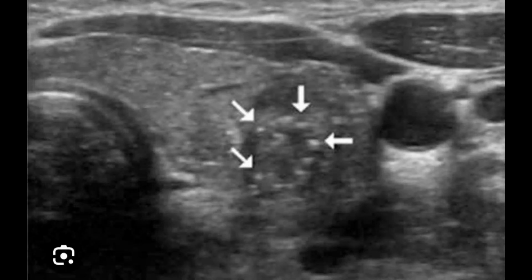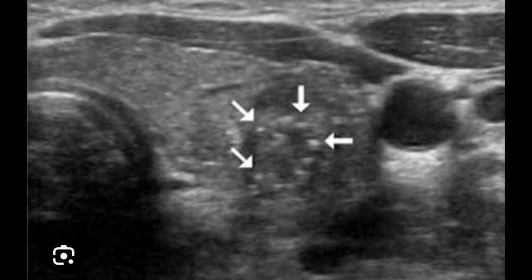Another very beautiful example explaining the disrupted peripheral calcification. The nodule is hypoechoic and the calcification is placed in the peripheral part. These calcifications are disrupted and are surrounding the peripheral part of the nodule. Again, I would mention here that if the calcification is central, associated with cystic degenerative changes, this would make it a U3 or indeterminate nodule.